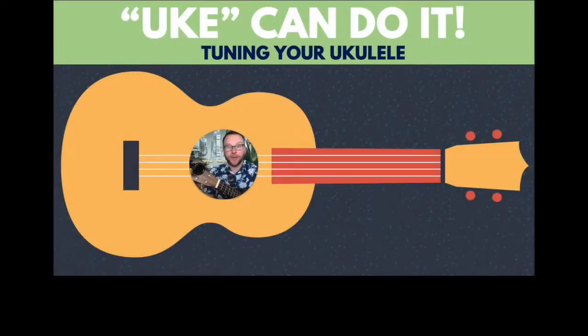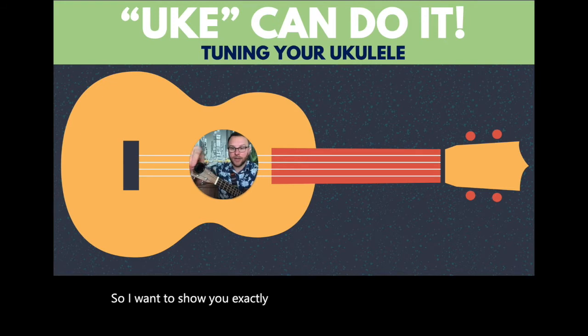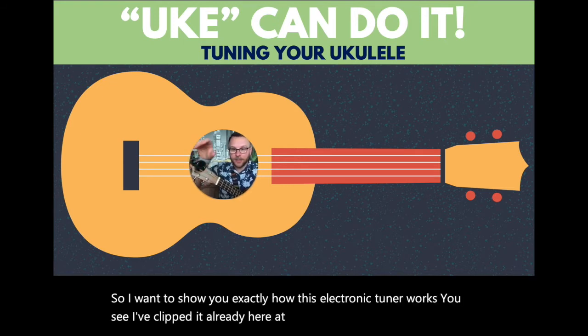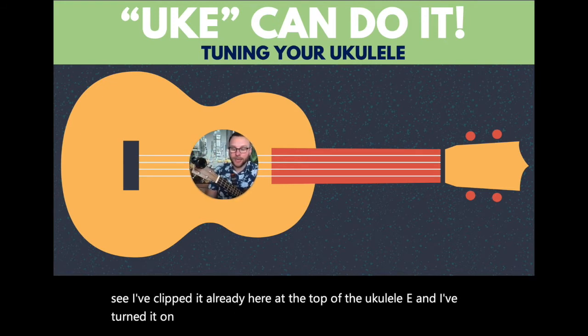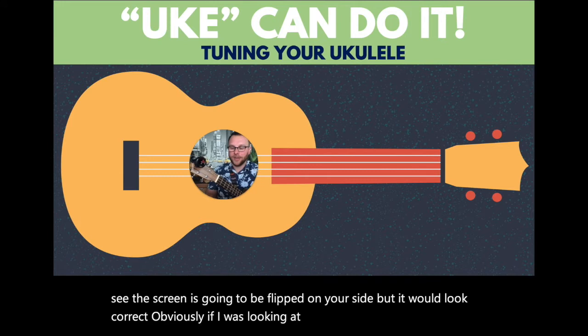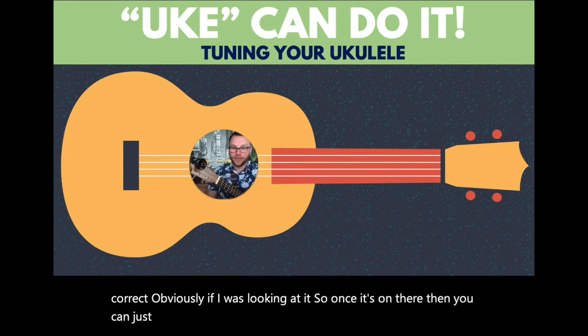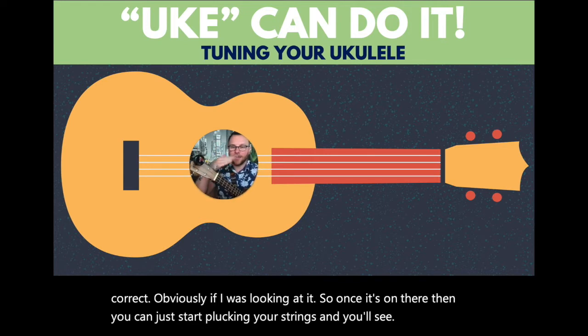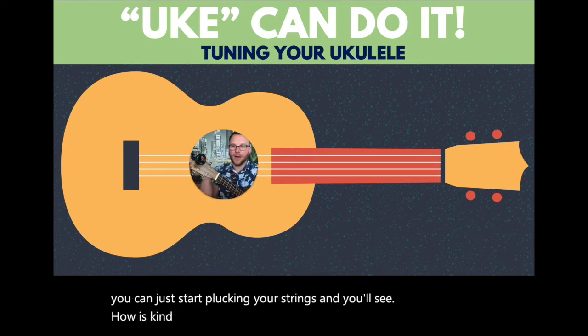So I want to show you exactly how this electronic tuner works. You see, I've clipped it already here at the top of the ukulele and I've turned it on. I've also flipped the little head around so that you can see the screen. It's going to be flipped on your side, but it would look correct, obviously, if I was looking at it. So once it's on, you can just start plucking your strings and you'll see how it's kind of like a spectrum scale of how sharp or how flat, or how high or how low the pitch is.